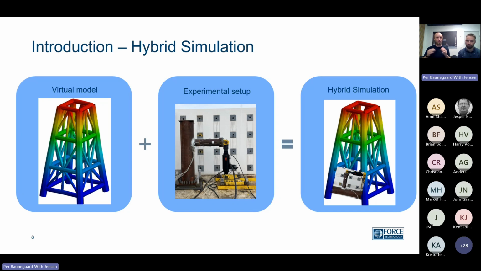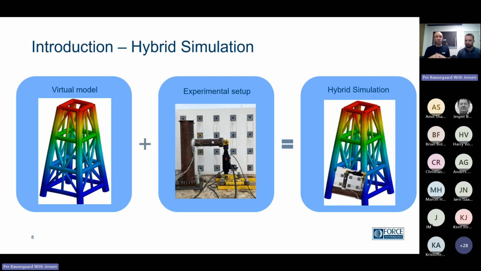But in order for us to make this a little bit more approachable, we just try and define it very simply. We have a virtual model on our left here, as a jacket structure, which we'll get back to in one of our examples. We have an experimental setup with an image taken from our large-scale mechanical testing facility.